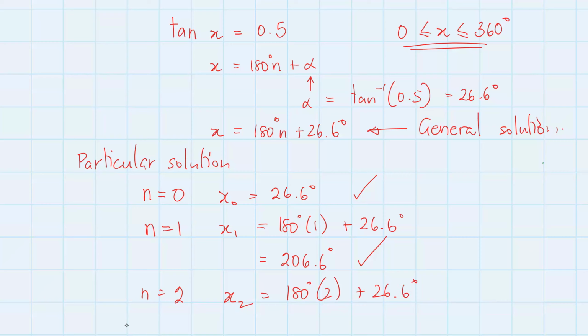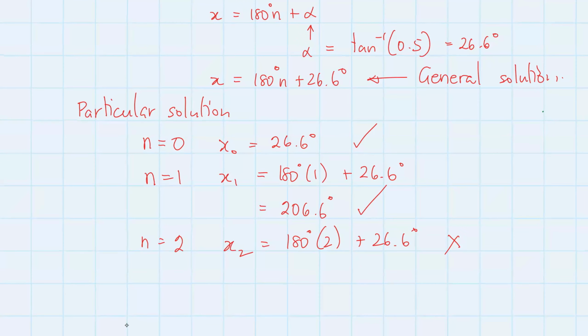If I go n equals 2, x2 is 180 degrees times 2 plus 26.6 degrees. Well, I know that's going to be more than 360 because this is 360, and then I'm adding more to it, so I don't even have to work that out. That's not going to be a solution. What if I go the other way? What about n equals minus 1? That's going to be 180 degrees times minus 1 plus 26.6 degrees.